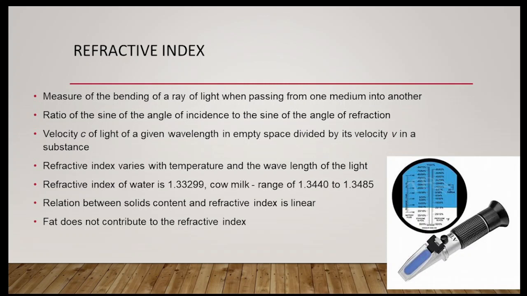You will see different graduations. The upper portion of the reading is blue and the lower portion is white. The point where the demarcation occurs is the refractive index of that substance.